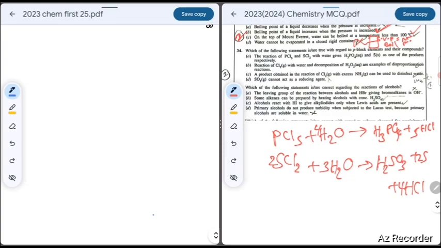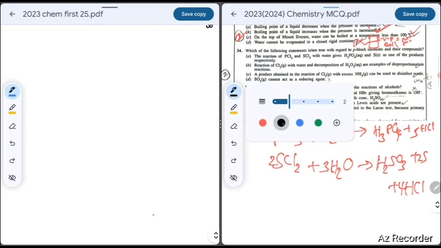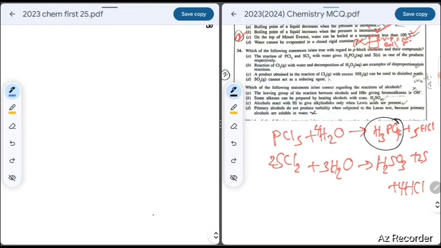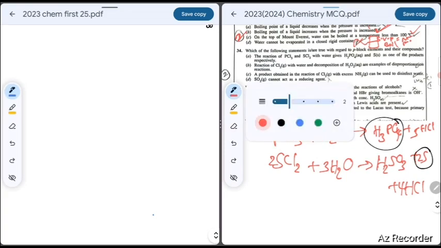Now, the reaction of PCl5 and SCl2 with water gives H3PO4. Yes, H3PO4 is given. And also with SCl2, sulfur is given. So this statement is correct. Part A is correct.